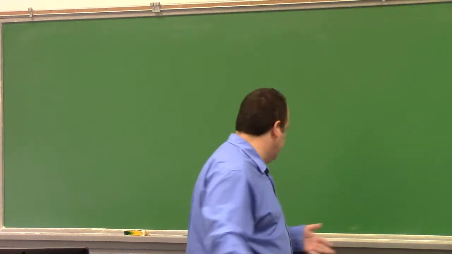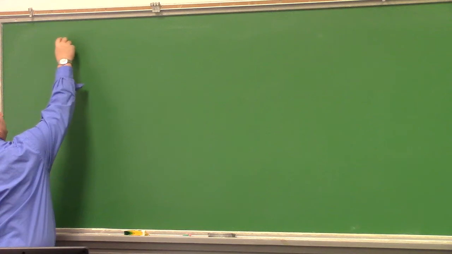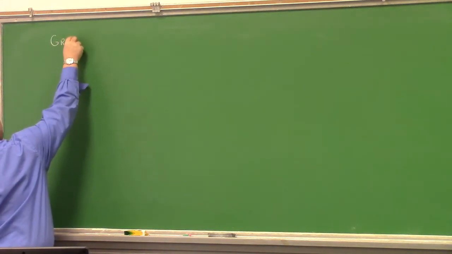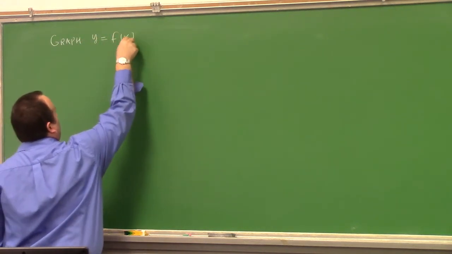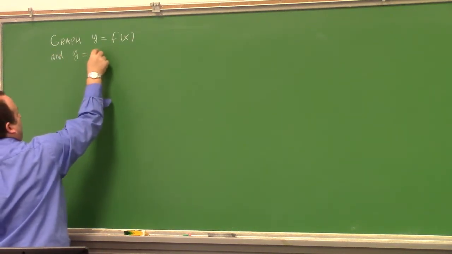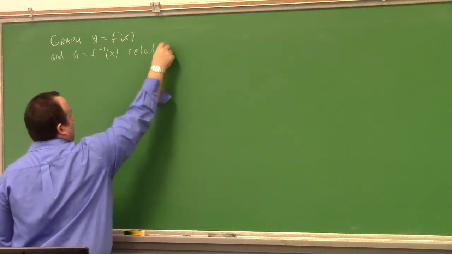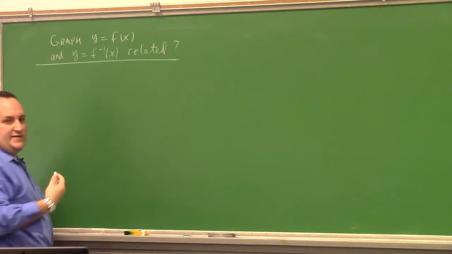All right, so my question for you is, how is the graph of y equals f of x and y equals f inverse of x related? We talked about this before, but I'll remind you now.